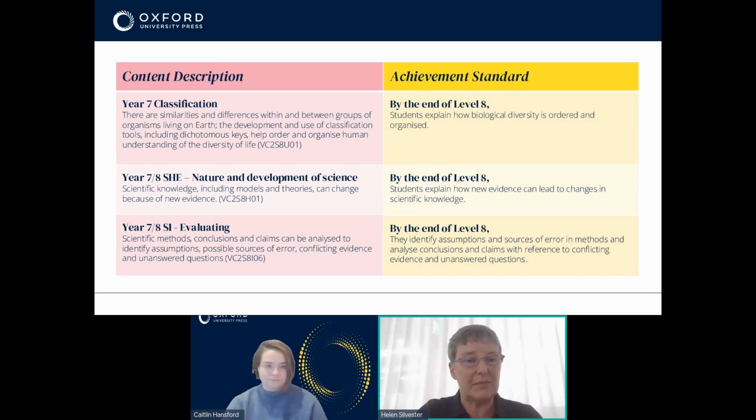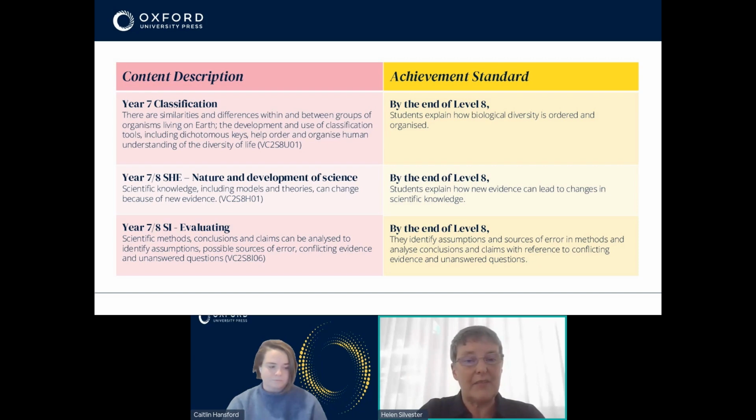Take the content descriptor, for example, Year 7 classification: similarities and differences between groups of organisms on Earth. So it's not just how they're classified, but this is actually being clearer in what sort of level we want students to be able to achieve. Also, the development and use, so the ongoing use, of classification tools.